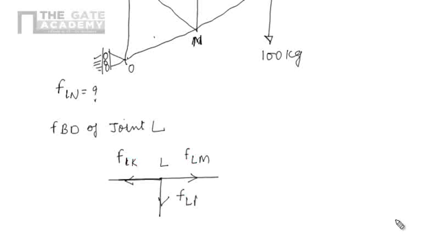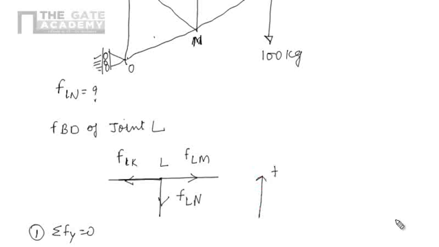And if you see the diagram, there is only one force in a vertical direction. So just apply the equilibrium condition based on vertical forces, that is, algebraic summation of all vertical forces should be 0, means algebraic summation of all the forces along y axis should be 0.